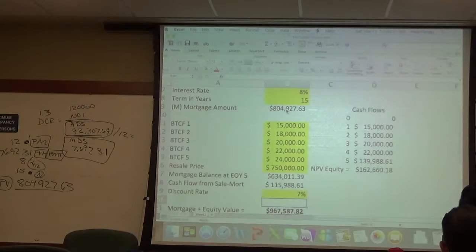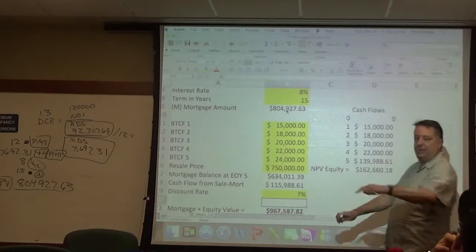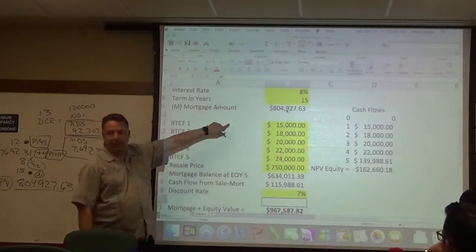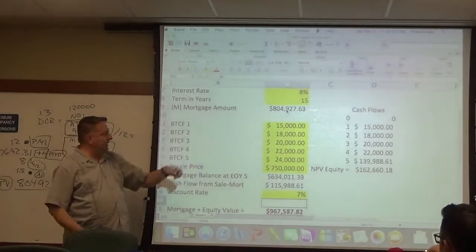Once again, if we go back to our PGI, minus vacancy and collection losses plus other income equals EGI, minus total operating expenses gives us NOI, then minus annual debt service gives us before tax cash flow. That's the number that you're being given, the before tax cash flow number.